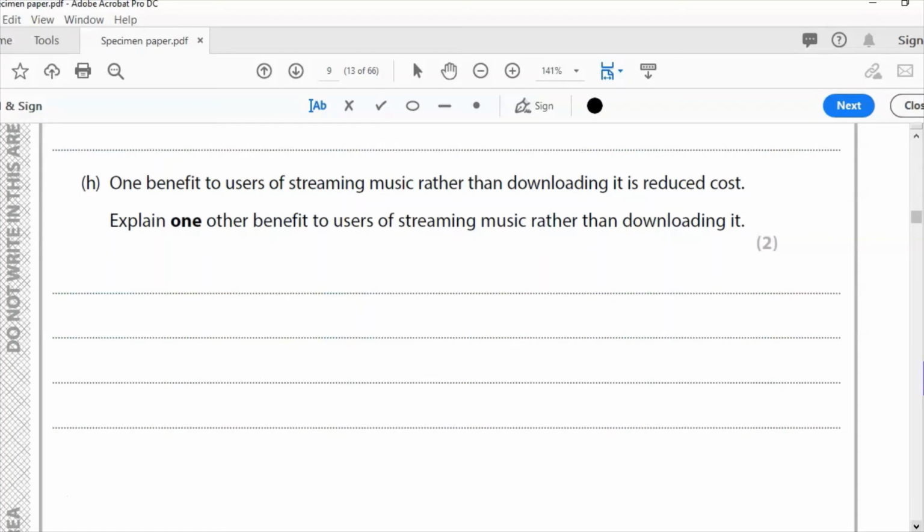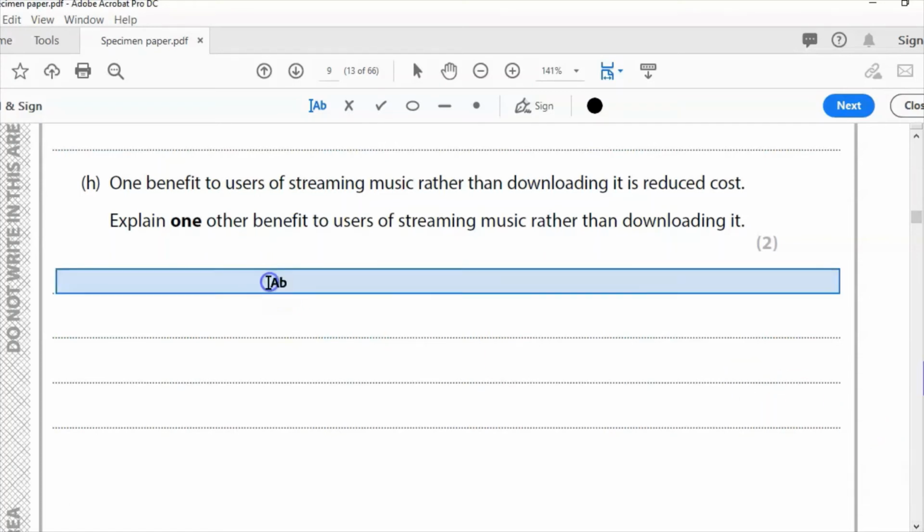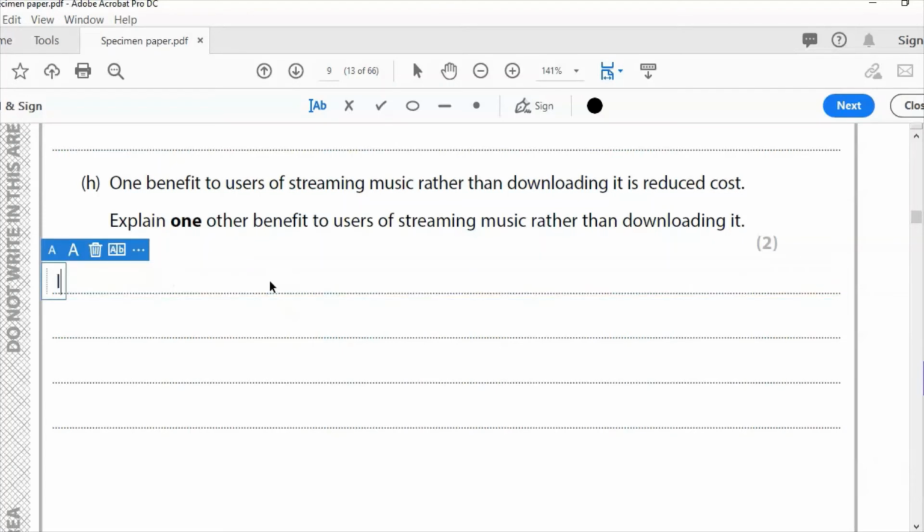What are the other benefits? Well, you're thinking about saving space on the device. I don't need to store the track on my device, so I save space on the device.